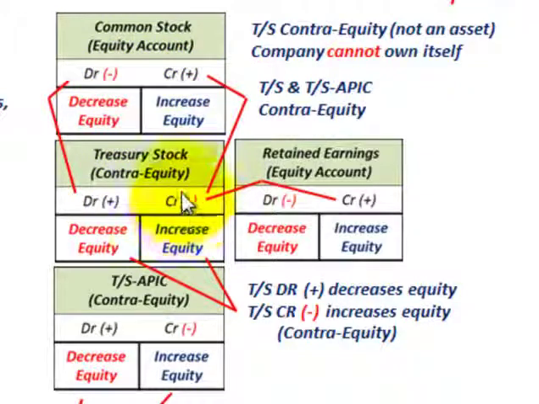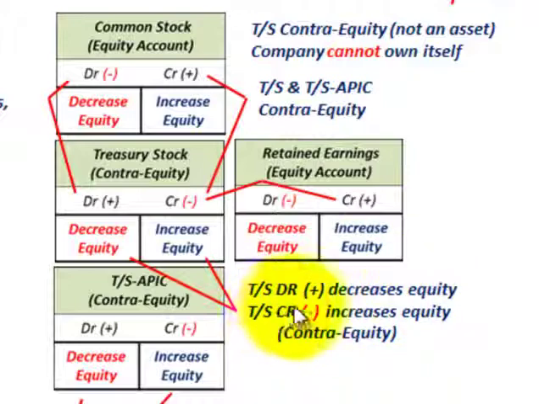And then looking at the credit side, any credits increase your equity on your balance sheet. So even though the credit is shown as a minus for your treasury stock, it's actually increasing your equity, and the same for additional paid-in capital. So just our rules here. Treasury stock, a debit, plus, decreases your equity.